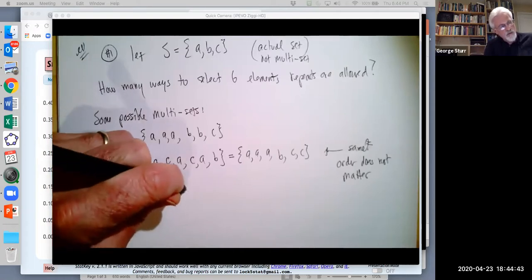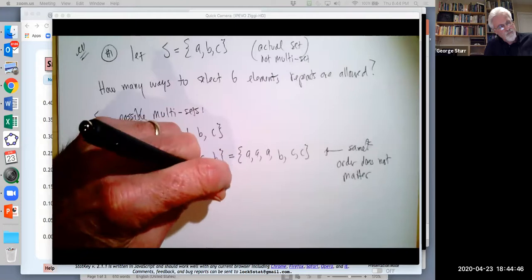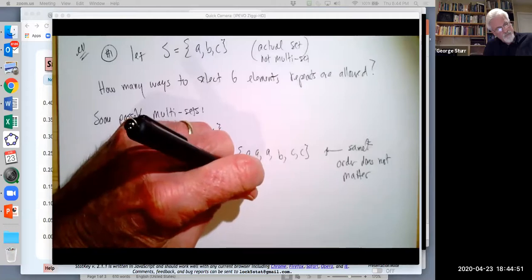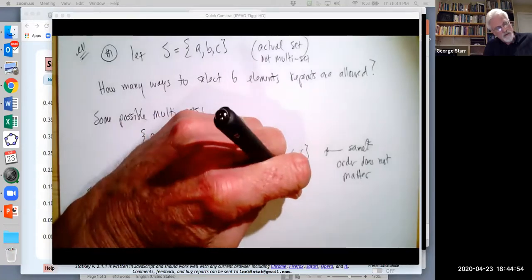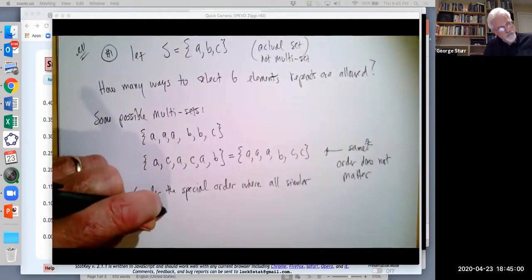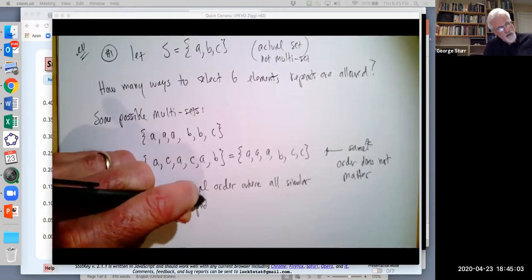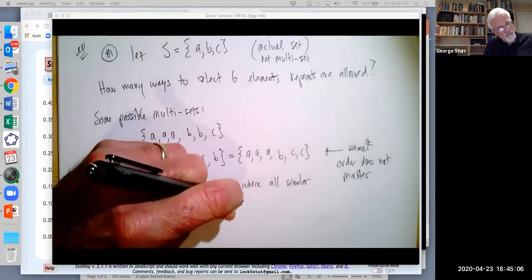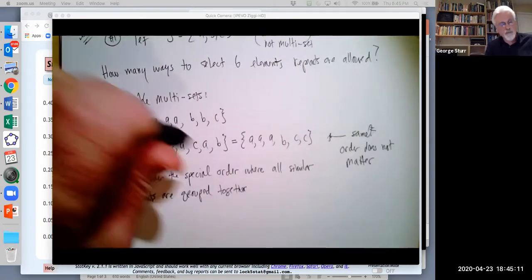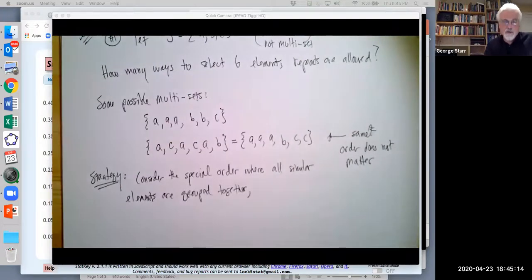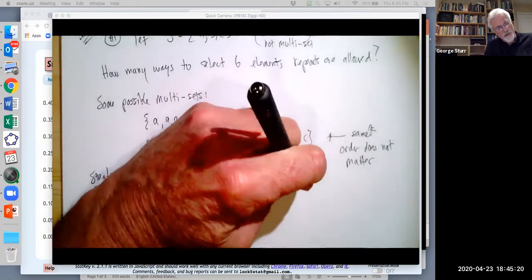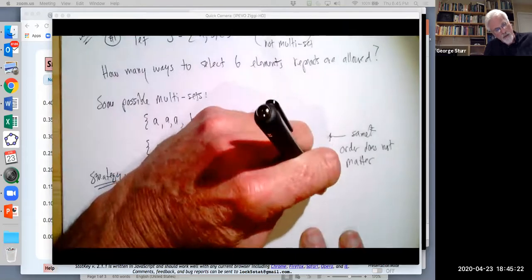Consider the special order where all similar elements are grouped together. But now I'm going to add a twist: separated by bars.